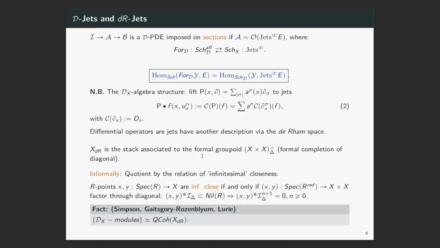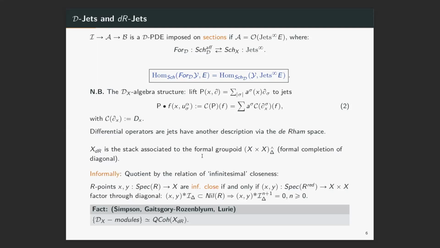It shouldn't be too hard to convince yourself from what I just said that this is indeed true. So if D-modules are generalizations of vector bundles with connection, and you take a sheaf over the de Rham space and you take stalks of this sheaf, you can identify them at infinitesimally close points of the base. This is exactly the parallel transport D-module point of view that I just described.